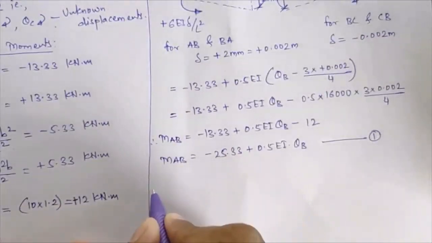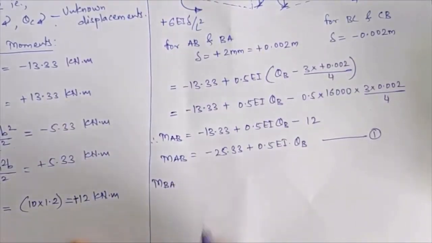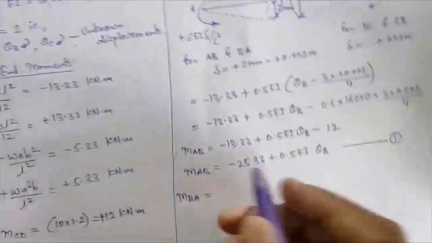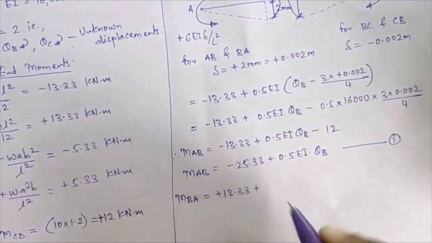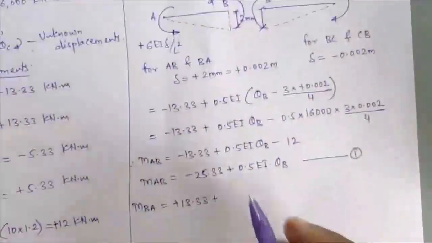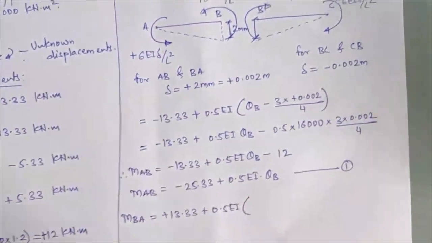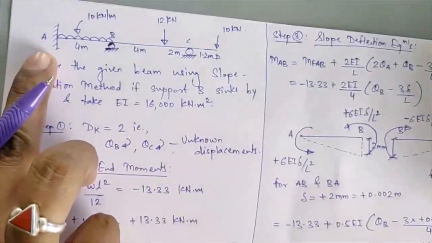Now we'll see the next member, that is MBA. For MBA I'll write the values directly, that is MFBA first. So MFBA I am getting plus 13.33 plus 2 EI upon L, that will remain the same, so I'll get 0.5 times EI into bracket near end rotation, that will be theta A, but it will remain 0 due to your fixed support condition.